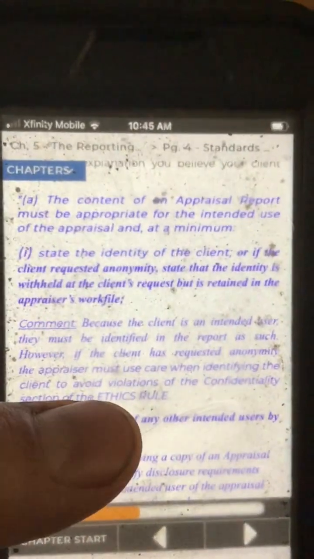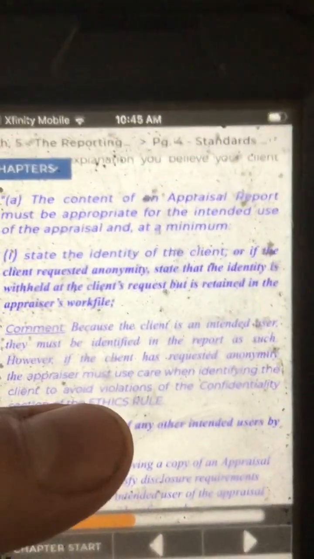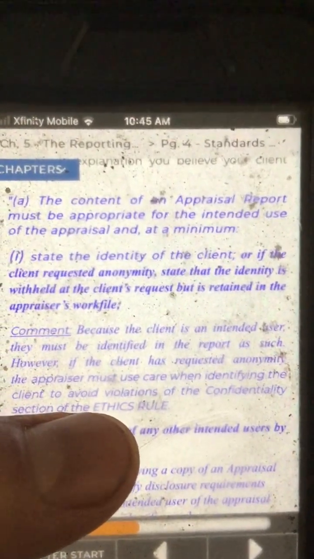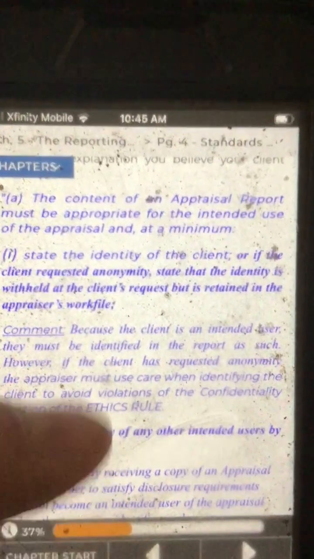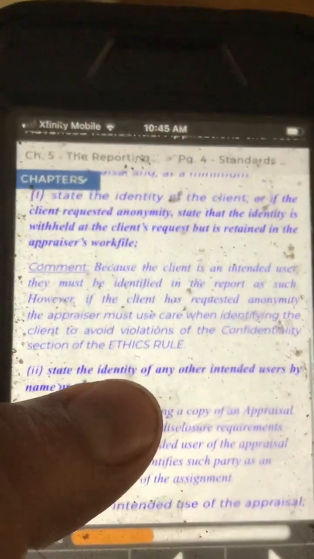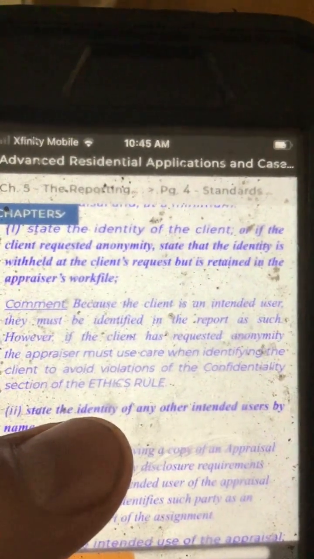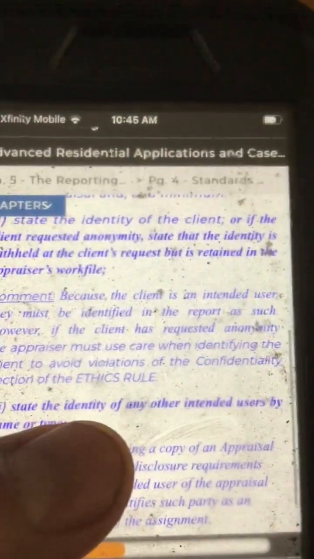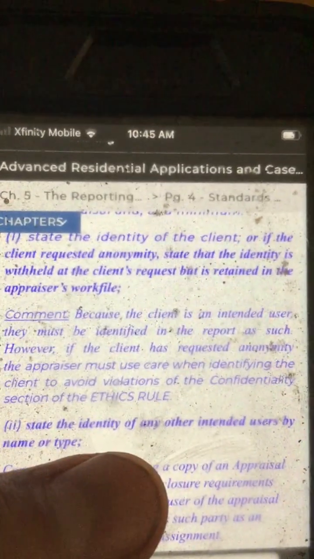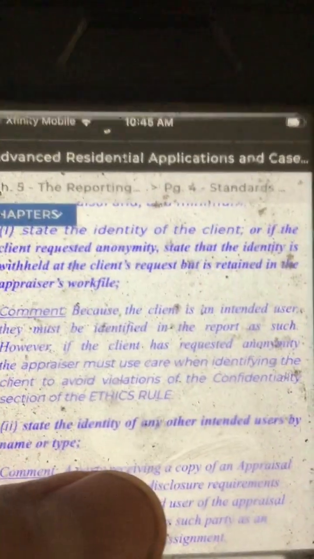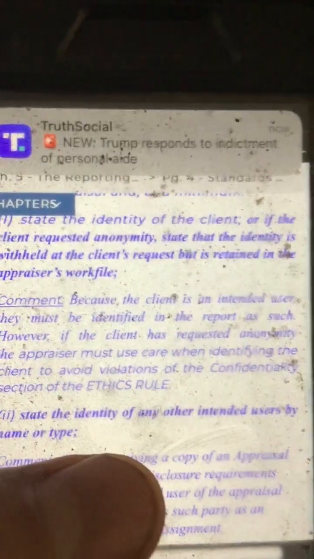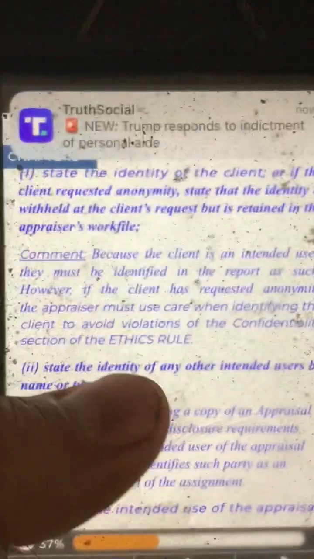A. The content of the appraisal report must be appropriate for the intended use of the appraisal, and at a minimum, 1. State the identity of the client, or if the client requested anonymity, state that the client is withheld at the client's request, but is retained in the appraiser's work file.